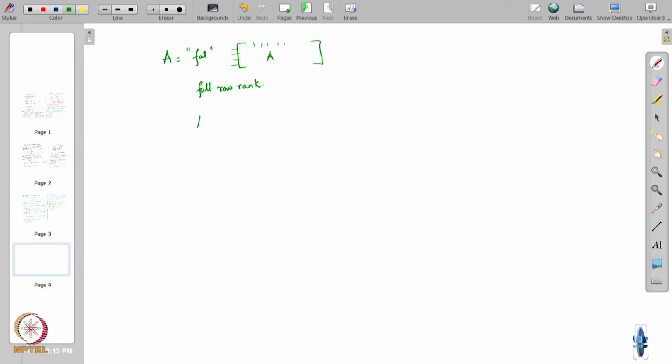Now, if I ask you for a solution of this Ax equal to b, where b is some other vector. So, suppose my A is in R m cross n and b is in R m, and I ask you for a solution of Ax equal to b.